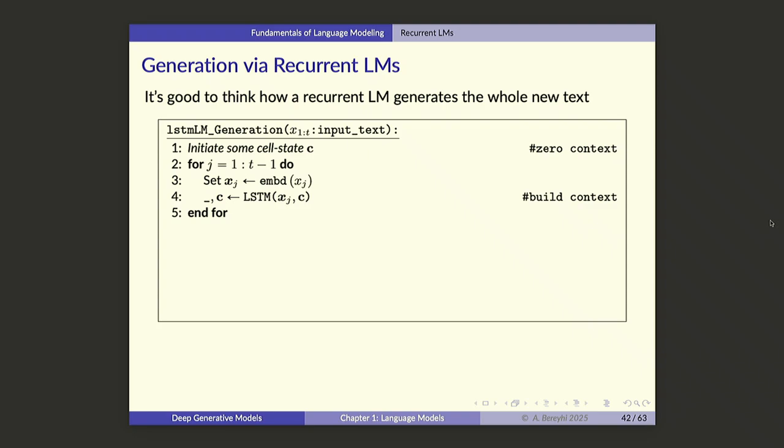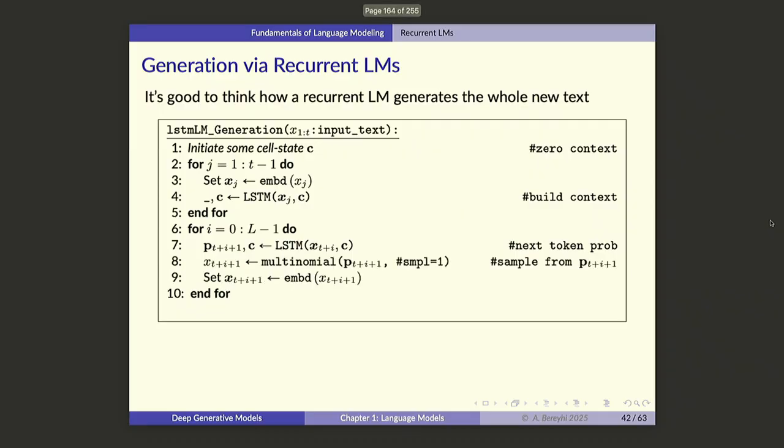You just look at the context, but you need to go through all of it to get the context up to point t in time, right? Once you have done it for the t different time slots and got the last context, you start generation. Meaning that you pass the last context with the last token, and you get the probability distribution for the next token, right? And then you sample from that distribution.